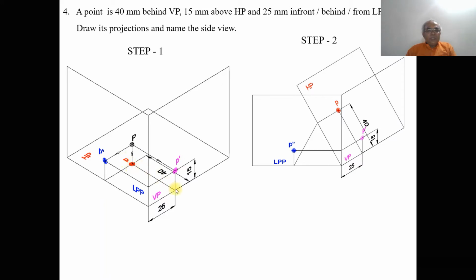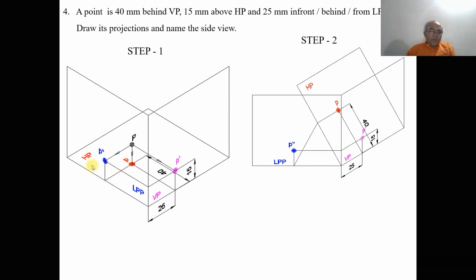Then 25 mm behind LPP: when you look from the front view, I can see this distance, and it is seen on the vertical plane. Also from the top view, I can see the distance 25 mm behind LPP, so that distance is seen in the horizontal plane also.